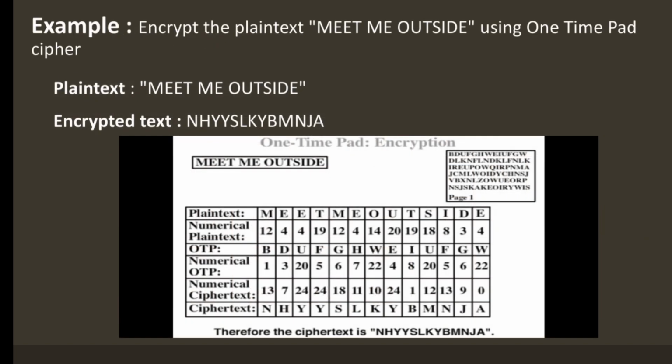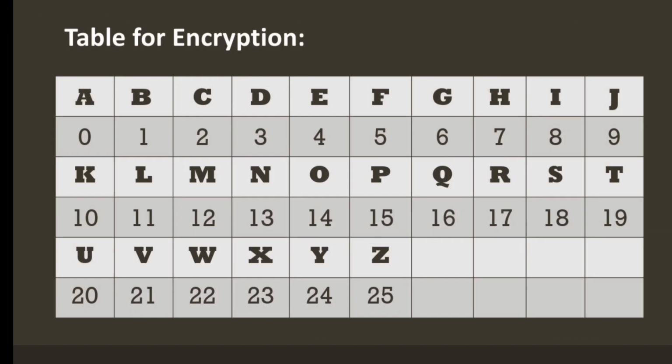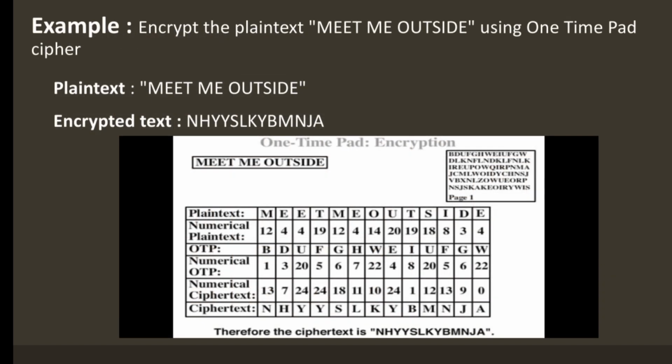So here is the example for one-time pad cipher. The given plain text is meet me outside. So to solve this, we have to consider the table for encryption, which I have mentioned before, and we have to number the alphabets from that table, namely like M. In this table we can see M is numbered as 12, so take 12 and give the number 12 to the letter M. Similarly goes with all the alphabets in the given plain text.